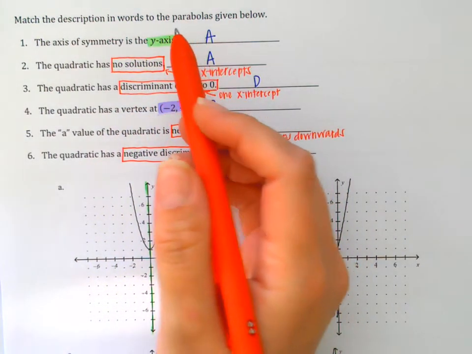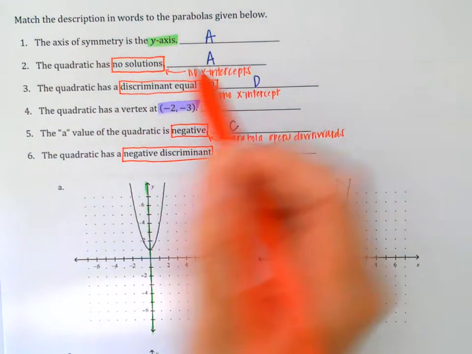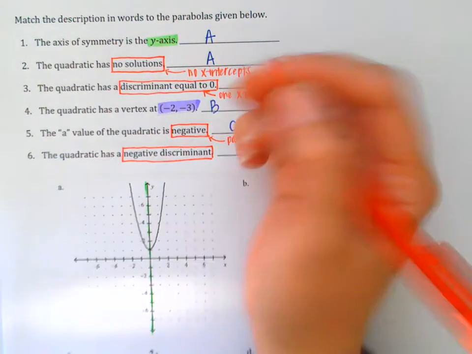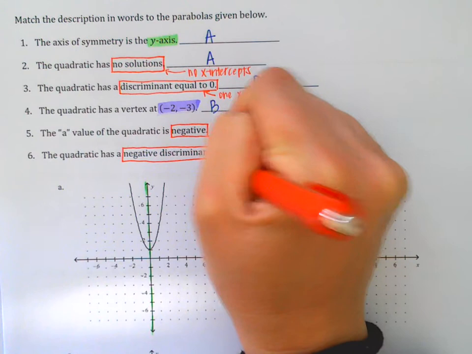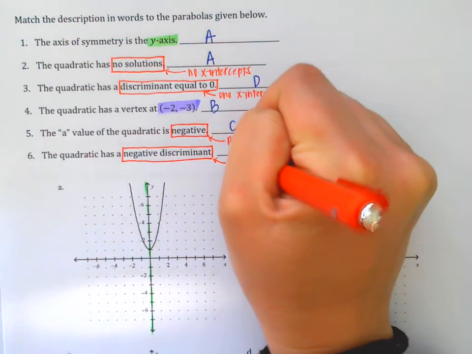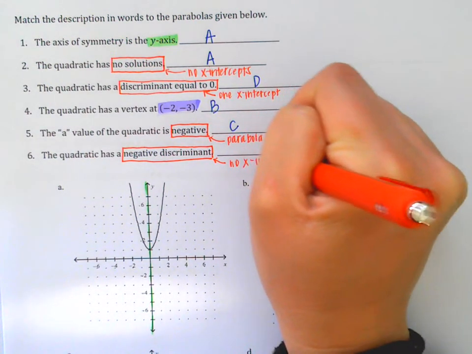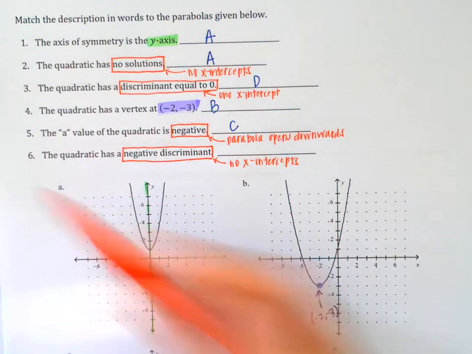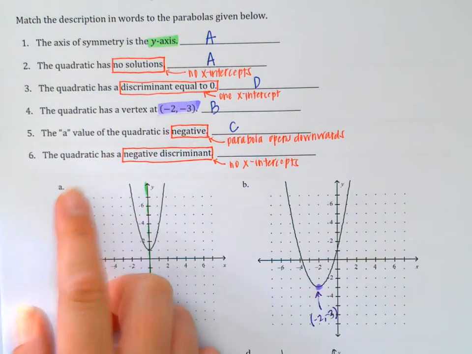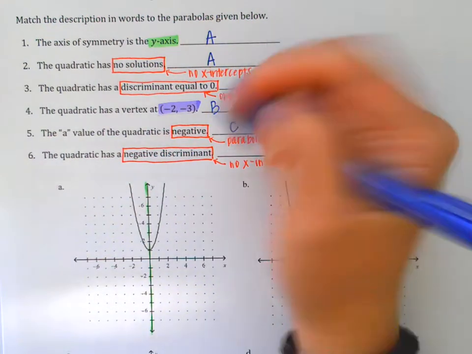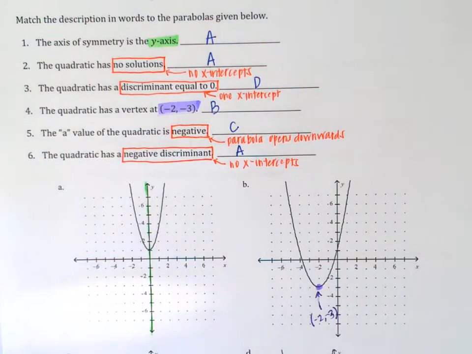It's basically asking the same as 2. So negative discriminant means no x-intercepts. And so 6 is, like I said, asking the same thing as 2. So 6 is A also. And that is it for our first page.